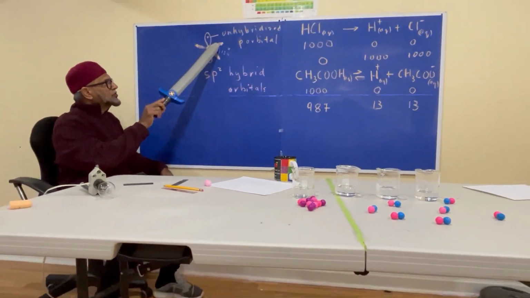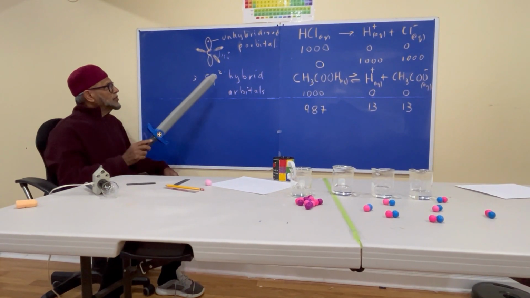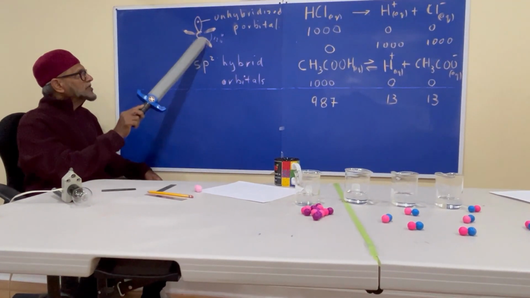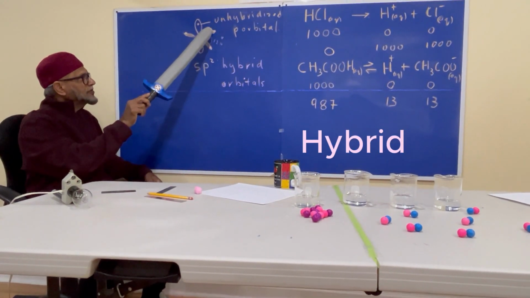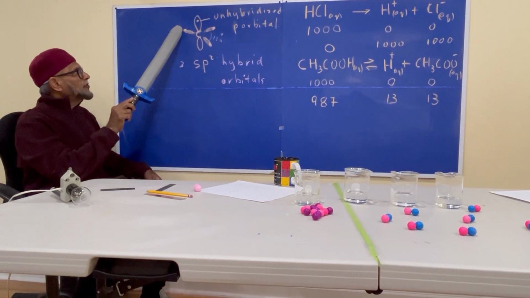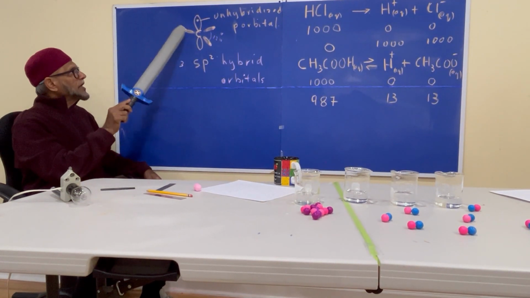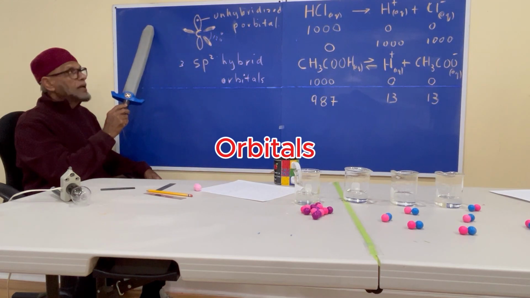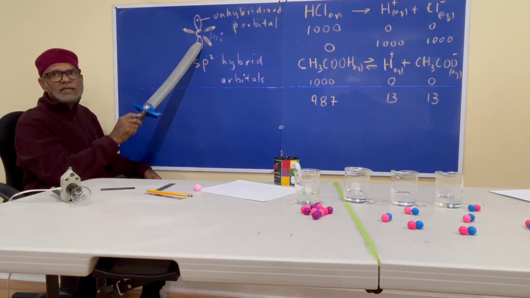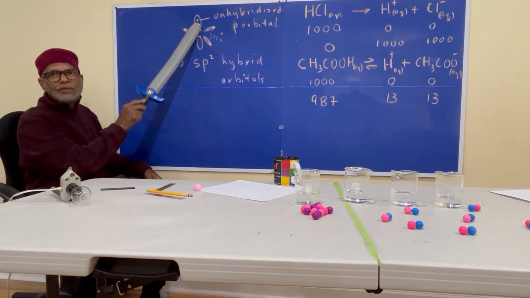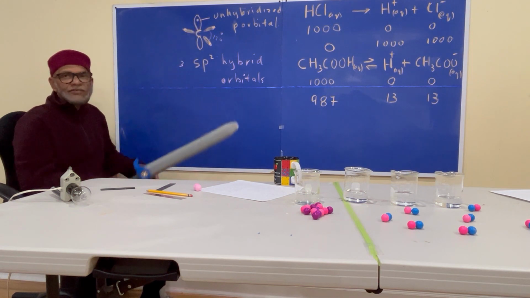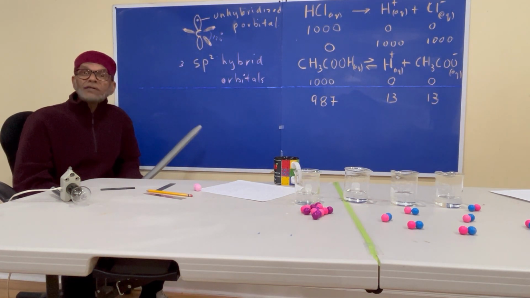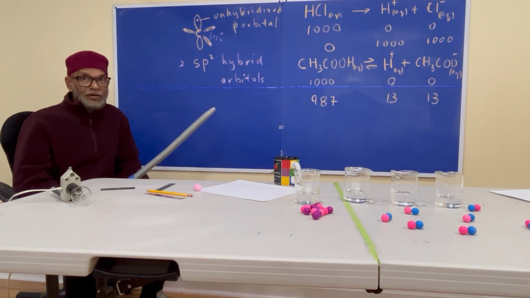So these are three sp2 hybridized orbitals with a single electron, and these will form covalent bonds with other sp2 hybridized orbitals to hold the carbon atoms together. But this one here is unhybridized, and this electron here is unbonded, and these are electrons that are used to conduct electricity. I hope that was useful.